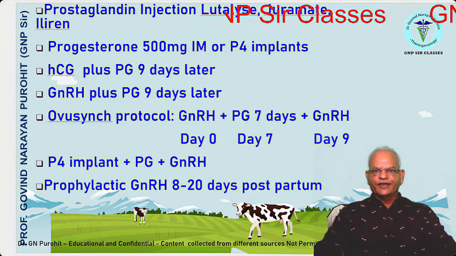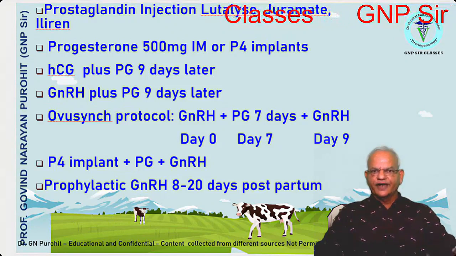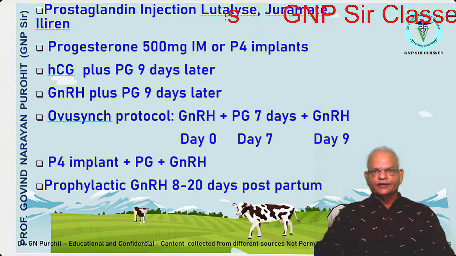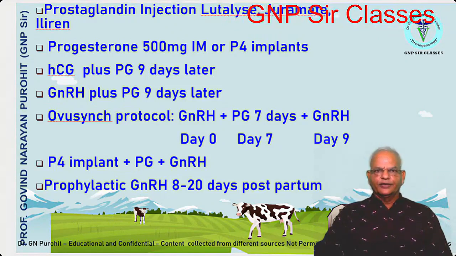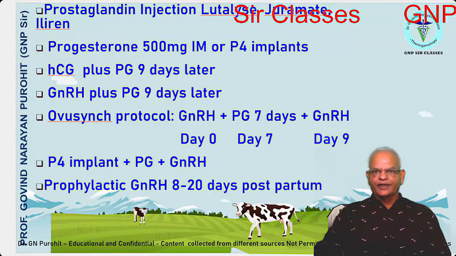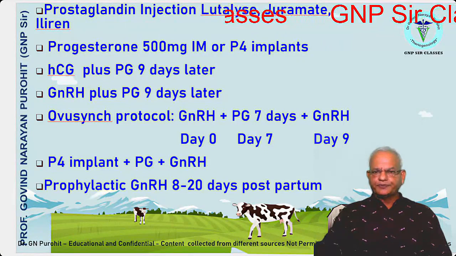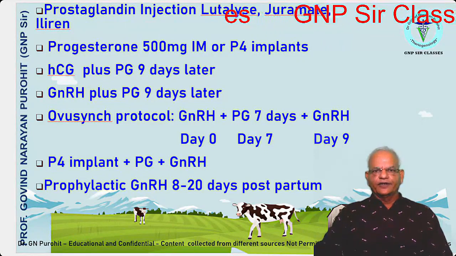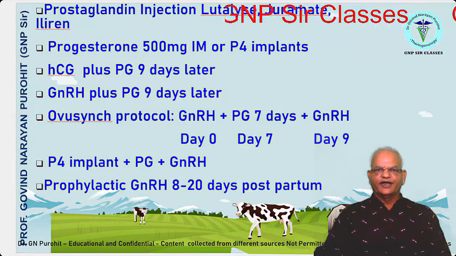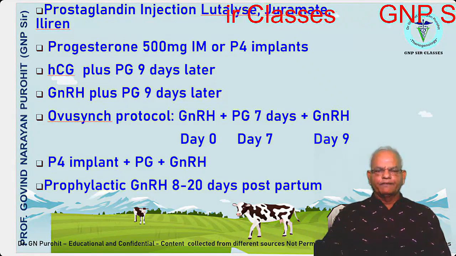Many reports say that it's easy to resolve the cyst, but it is very difficult to get the animal pregnant back. So you can use the antioxidants as well, vitamin A, vitamin E, and wait for some time for the uterus to return to its normal functioning and the animal becoming pregnant again.